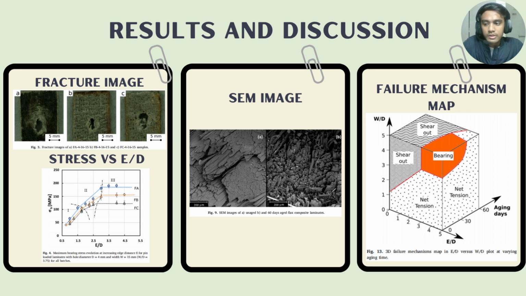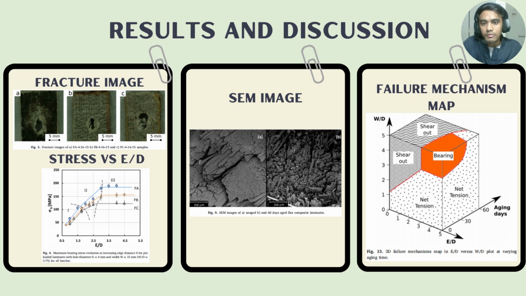And figure 3C shows a different failure mechanism due to the long exposure time of 60 days. The exposure to the salt fog environment causes net tension fracture to take place and stimulates the propagation of cracks at the maximum stress concentration section. There is also the appearance of fiber breaking due to the long exposure of 60 days to the salt fog environment.